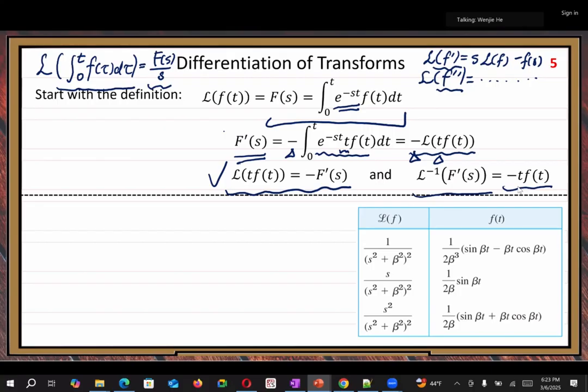Here you can see the Laplace transform of this formula is relatively hard, right? Why? The denominator is something squared. It's a square function. That makes it a little hard. But think about if our F of s is the function without derivative.